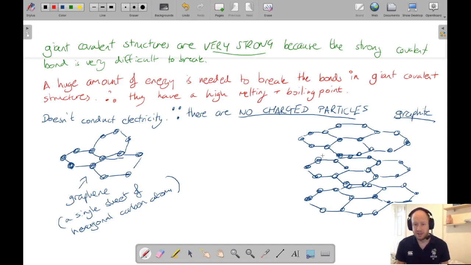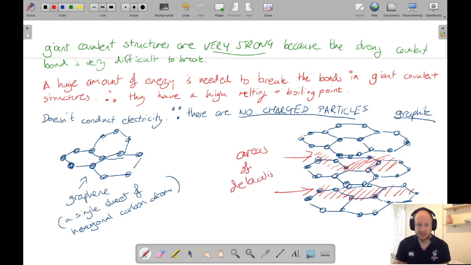In these structures, in this area here, in this in-betweeny area here and here, these are areas of delocalized electrons. This means that the electrons are completely free to move wherever they want within that area. If you remember, our idea of what electricity is, is based on movement of charged particles.